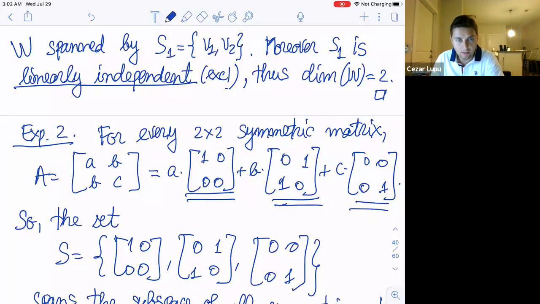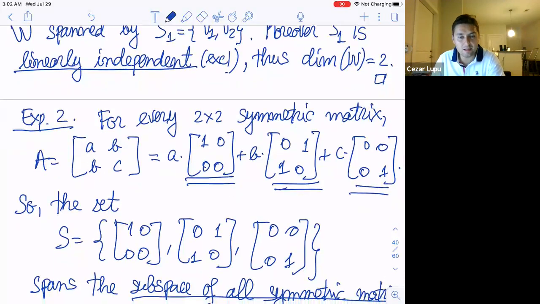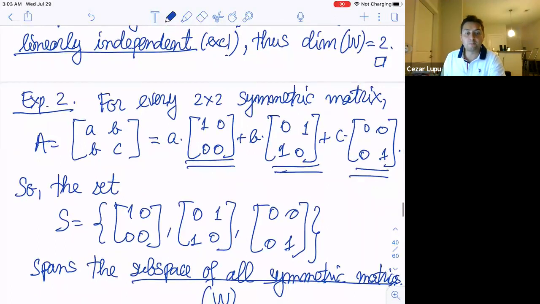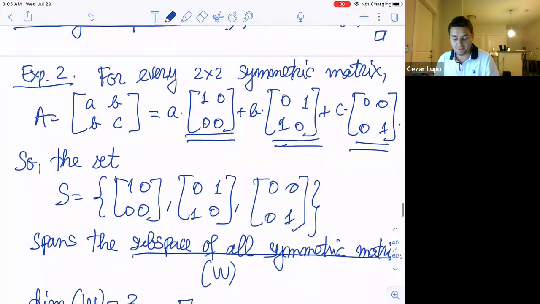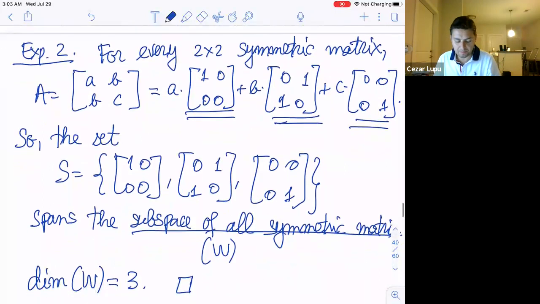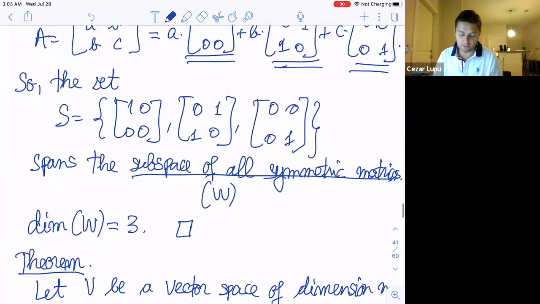So this can be written as A times the first matrix with 1, 0, 0, 0, plus B times 0, 1, 1, 0, plus C times 0, 0, 0, 1. So this set, consisting of these 3 matrices, spans the subspace of all symmetric matrices. Let's call this W. Clearly, I have 3 linearly independent vectors here. The dimension will be 3. This will be the basis.